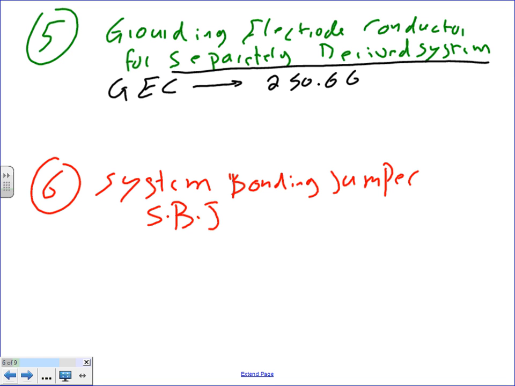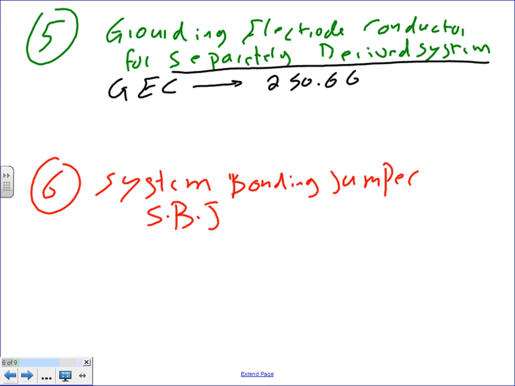A3. Here's 3. Grounding conductor. All right.